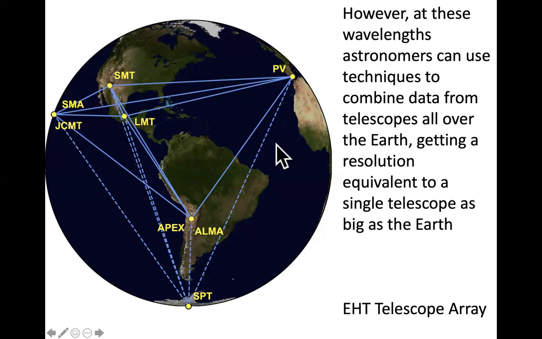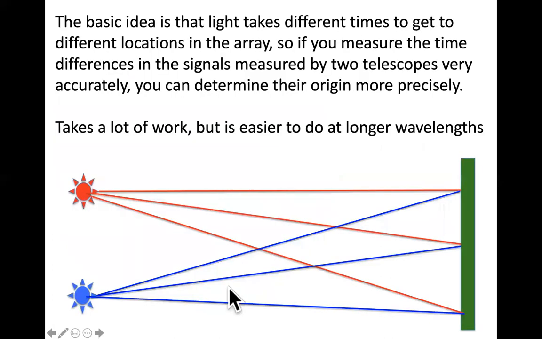Now, the way that works is by using, again, the fact that light is a wave. It's an oscillation. So as the light comes from here to here, it's not just a beam. It's an oscillation going back and forth. And your detector can measure whether it's going up or down at different times.